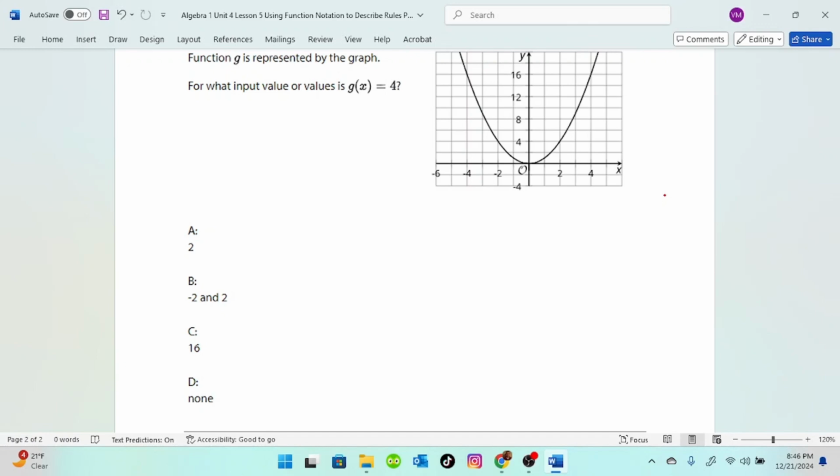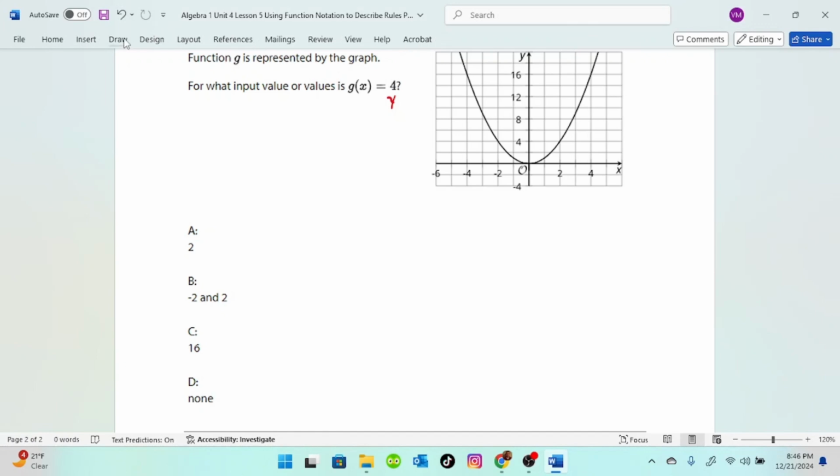They are asking for what input value or values is g of x equal to 4. So remember that 4 is our output. So this 4 is the y value. What they're asking is, what would x need to be in order for y to be 4?